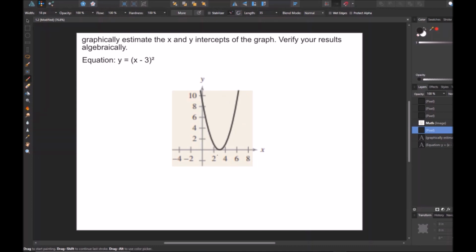So for this x-intercept, I can see that this is going by 2, and the point that comes into contact directly with the x-axis looks to be in between 2 and 4, which would be 3. So I'm going to say the x-intercept lies on 3, 0.